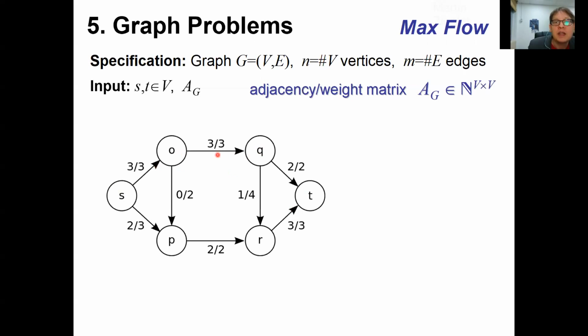nor miraculously disappearing in all the internal nodes. So, for example, anything that comes into this node must also leave the node through either of the two outgoing edges, or split between the two outgoing edges. Anything that enters this node must also leave the node. So that's the point about internal nodes. Internal nodes have this important property that everything that enters the node must also leave the node, except for the source and target.